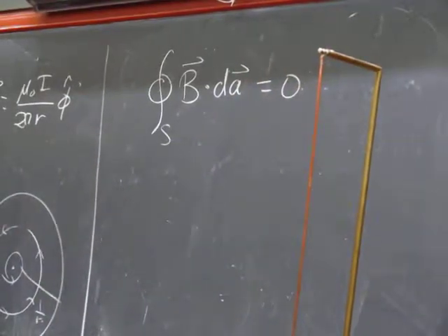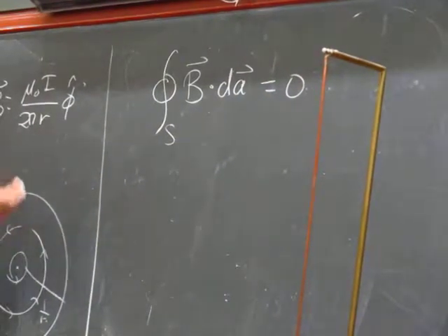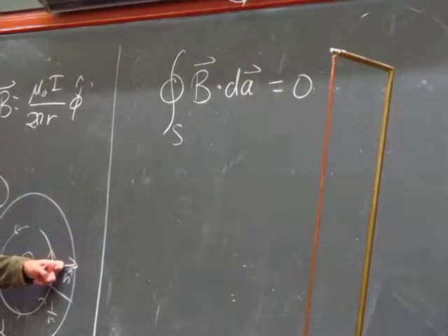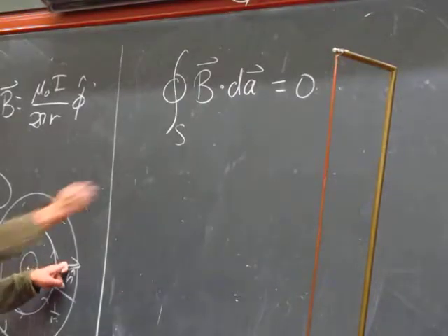Because the B field is tangential, there is no flux. The flux is along the direction of the normal to the surface. No flux.